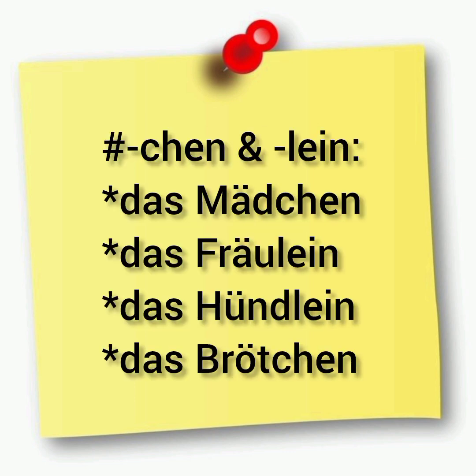Now, this next point is a very interesting one. The point is that all the nouns you will see ending in chen and lein, that is the chen and lein, so all these nouns you will see ending in chen and lein are also considered neuter.